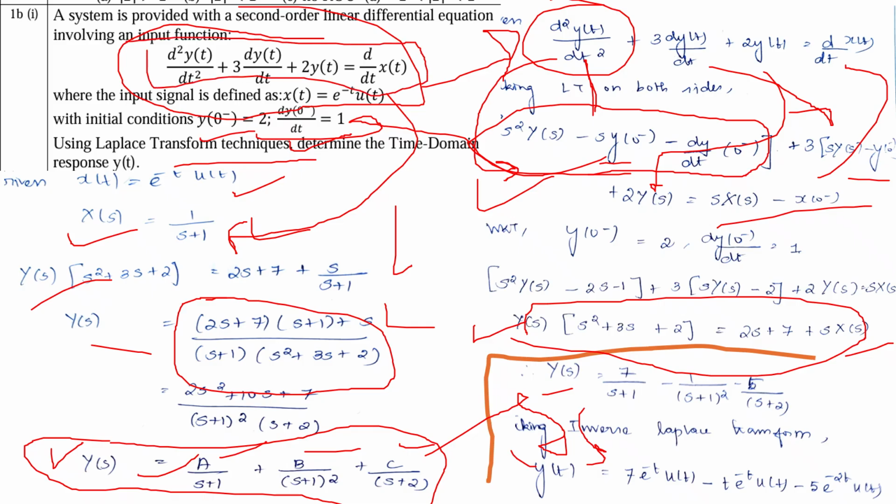How will you get it? H of s equals Y of s by X of s. Once you get the transfer function, multiply by the input value in the frequency domain, and after multiplying, you have to convert back into the time domain, and only then will you get the time domain output. Okay, so quickly let's take some more questions.